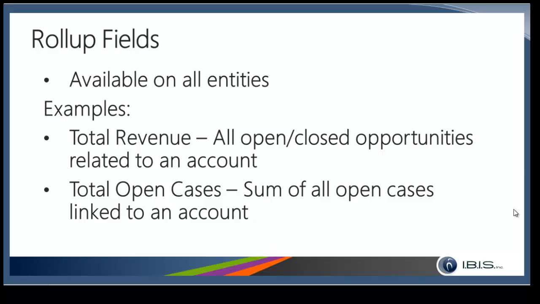And I'll show you an example of what I'm referring to. A good example is in the case of an account, you can have a field which is basically compiling the total revenue on all the open and closed opportunities. And you can also have a field where you specify exactly whether you want it to compile the open or closed opportunities. The same applies for cases.